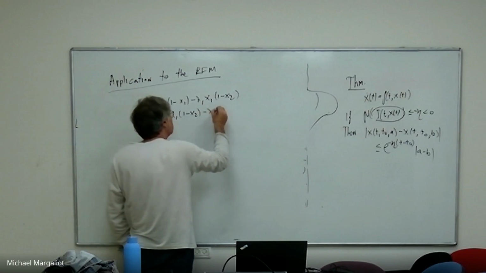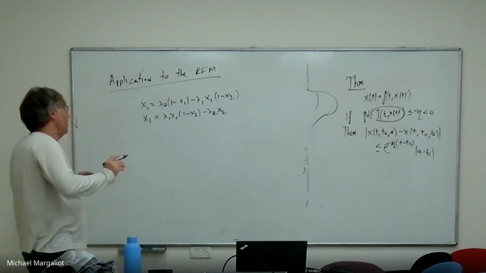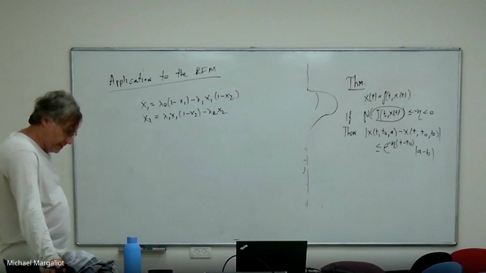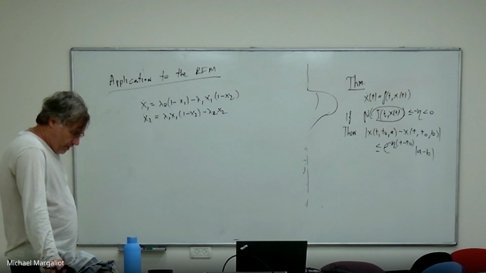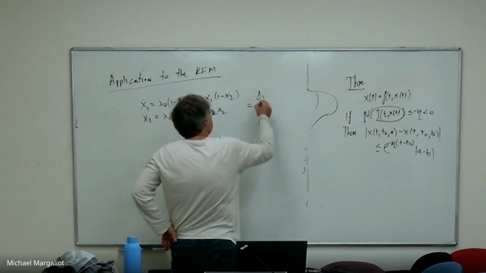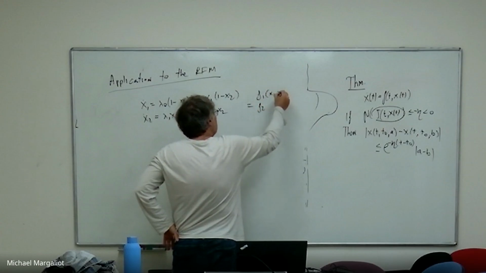For higher orders, it also works, but we need to play a bit with scaled vector norms. I will talk about this in the next lecture. So this is the RFM. This is our f, this is our f1 and f2.